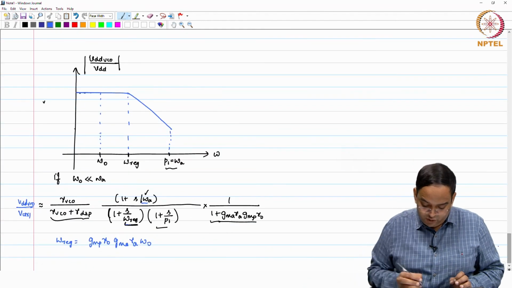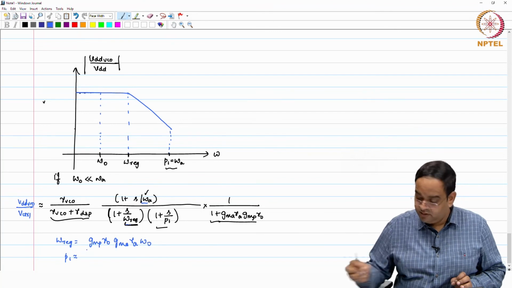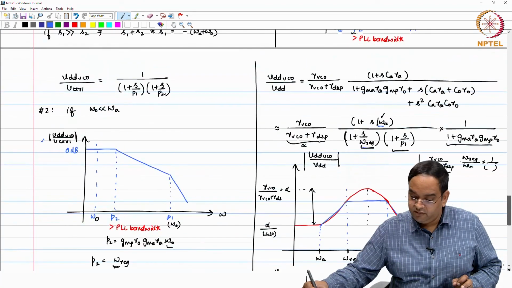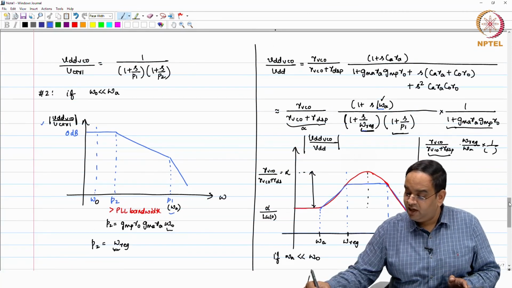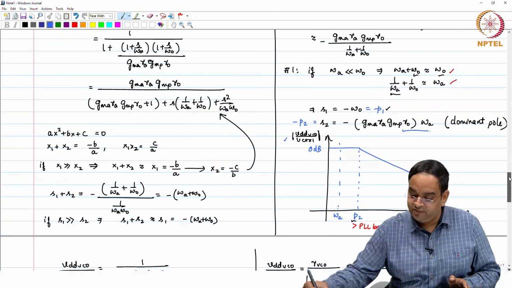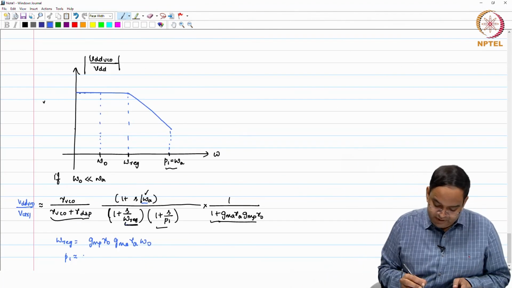And your P1 pole effectively, from our equation, P1 is approximately omega A itself, that is an approximation, okay. P1 is at omega A.